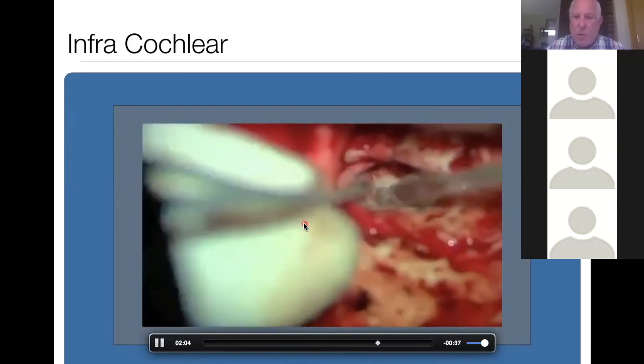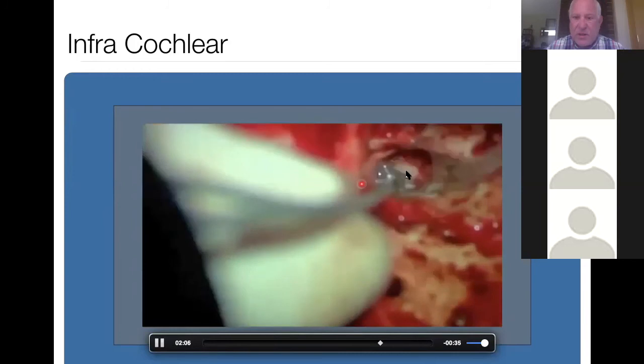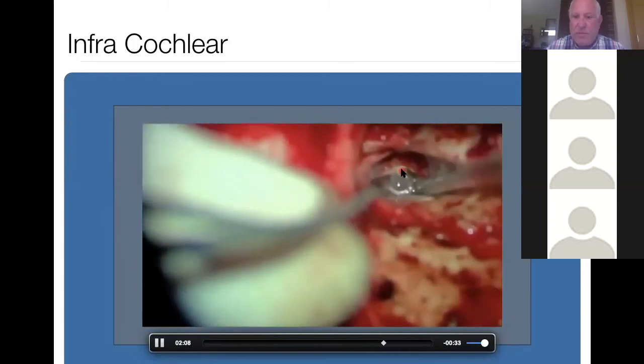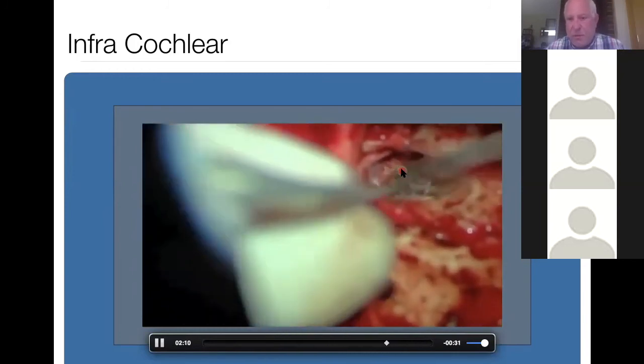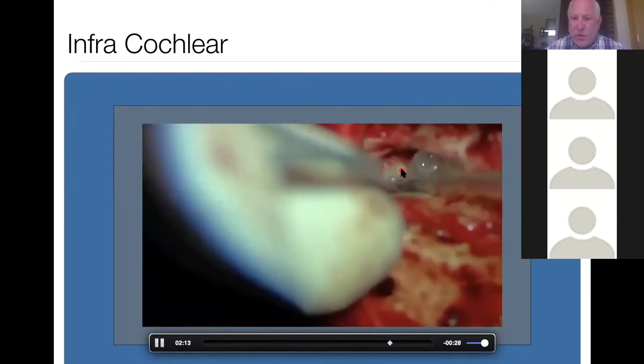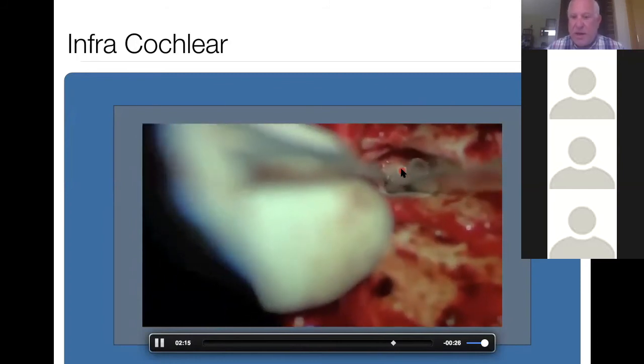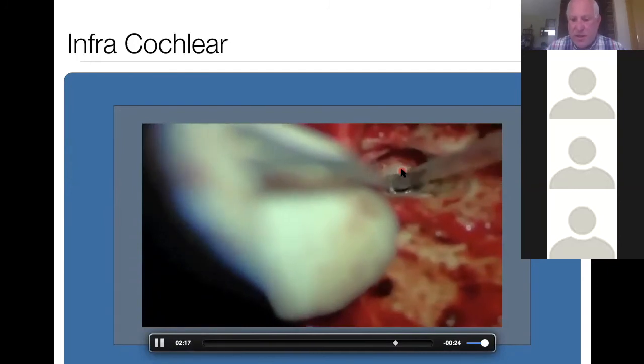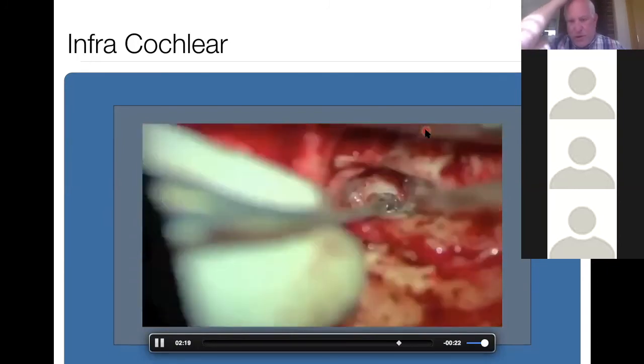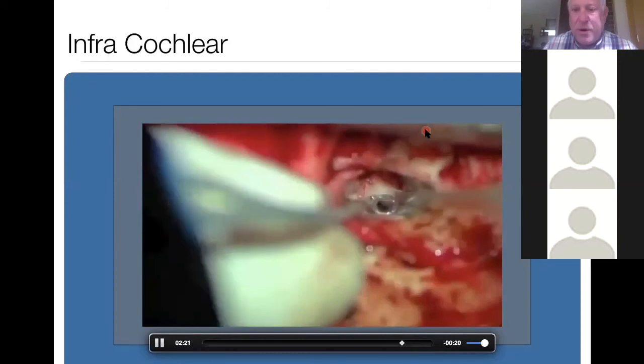Once we've got the opening done, we put a silastic tube in, it drains into the middle ear, and basically we close. It looks like a relatively easy surgery, but like anything in otology, there is nothing that's easy. If it's easy, you're either doing the wrong surgery or you don't know your anatomy.